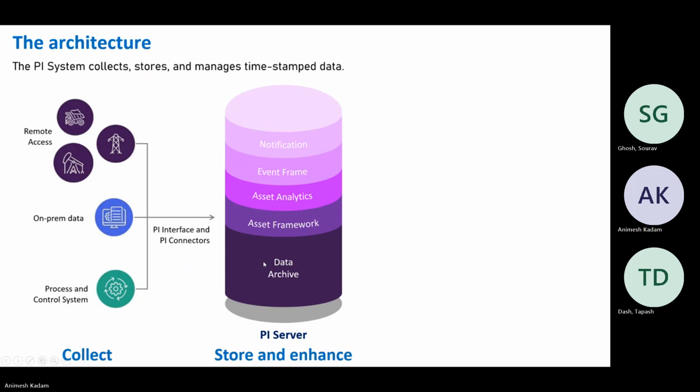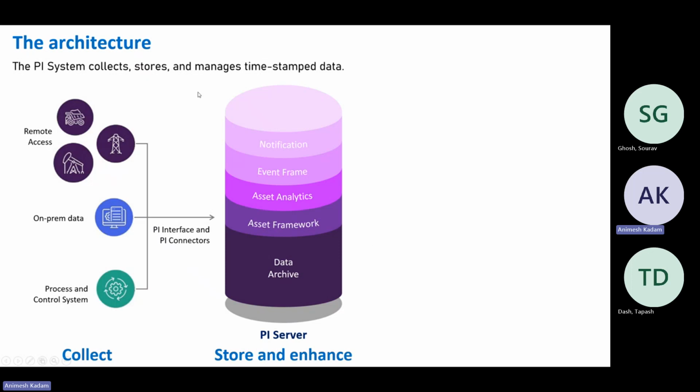So basic information regarding the data archive is in file format only. But when it comes to combining data with outside information like metadata, and some module database information about the PI data archive, it is stored inside the SQL.